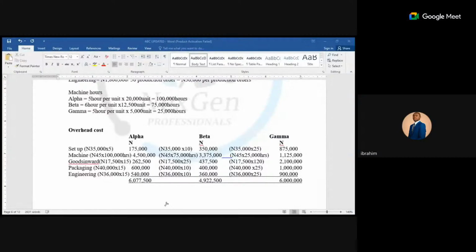The direct cost, direct material, direct labor, and your overhead costs, right? Addition of your direct and your overhead will give you total production cost. Then you can divide it by the units produced. When you divide it by the units produced, you will have unit cost. Unit cost means cost per one, right?